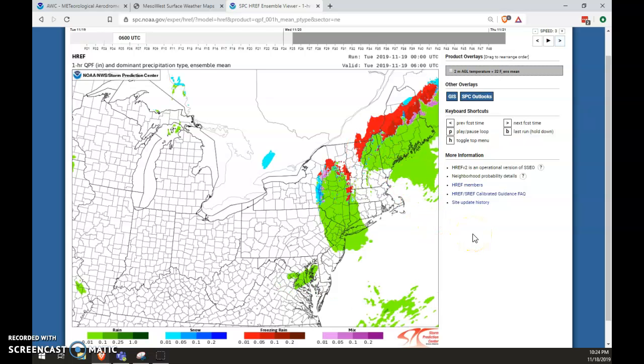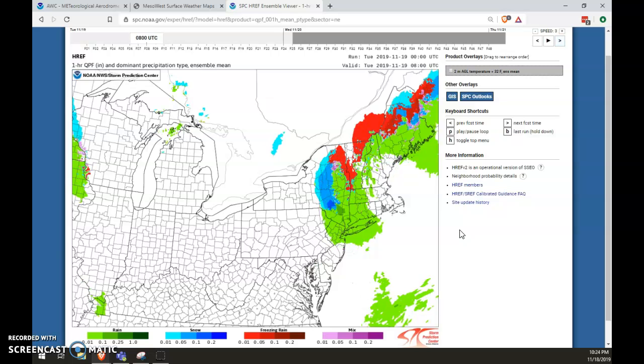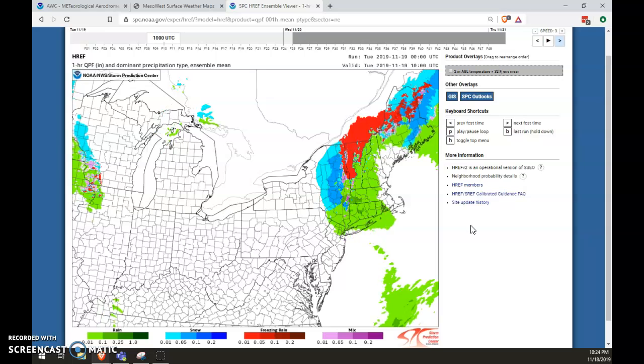And as we go through time, we see this area of precipitation over upstate New York sort of expand in coverage and sort of merge with this other band to the east. This is valid at 9Z, which is just before daybreak.